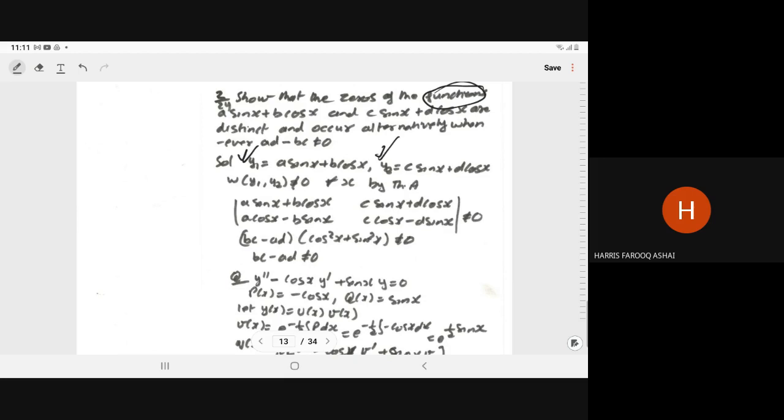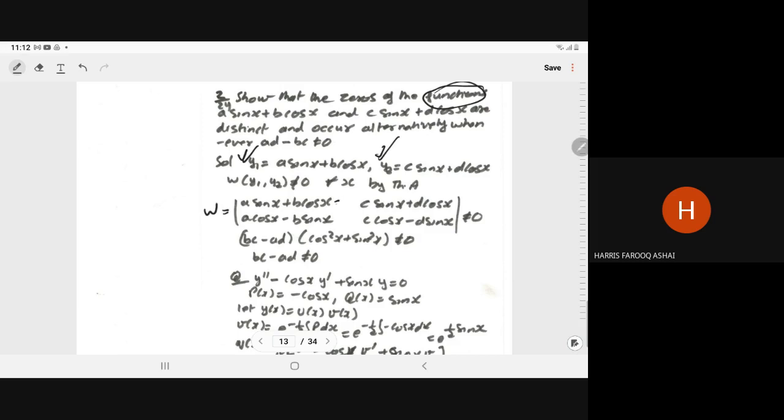So for proving that their zeros occur alternately, by theorem A, we need linearly independent solutions, and for linear independence we require the Wronskian to be non-zero. So here we compute the Wronskian of y1 and y2.